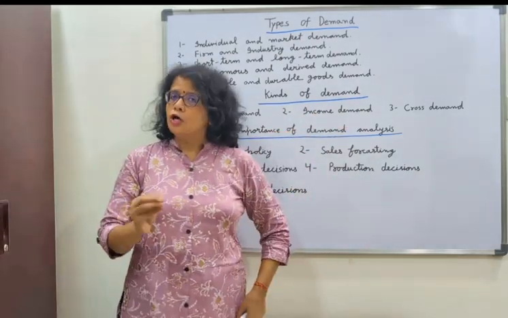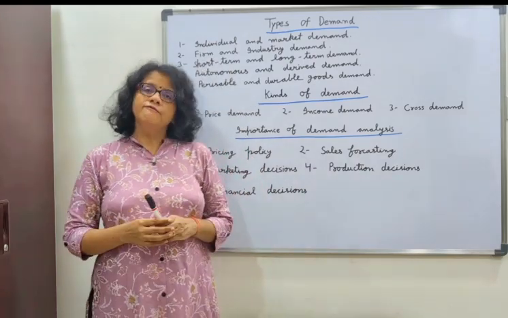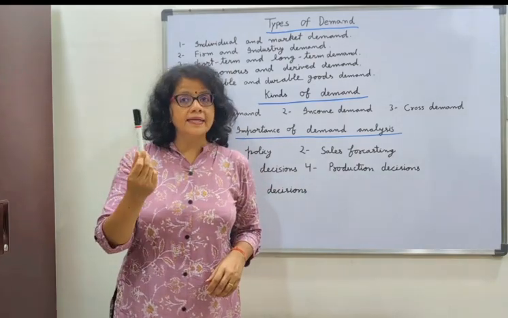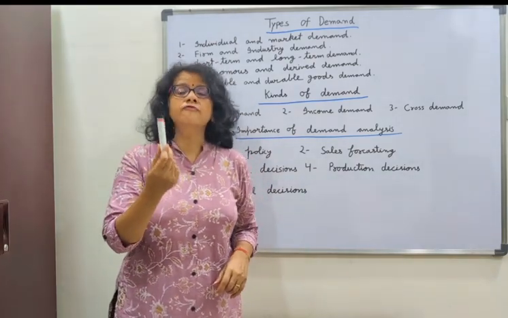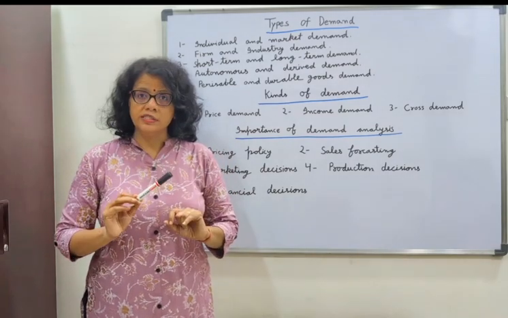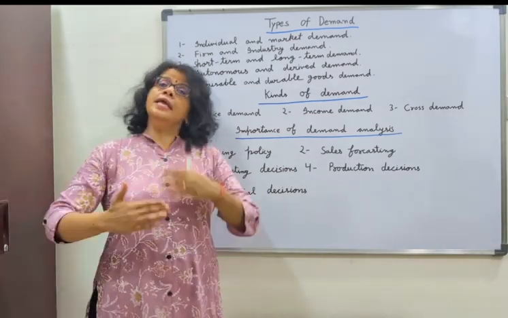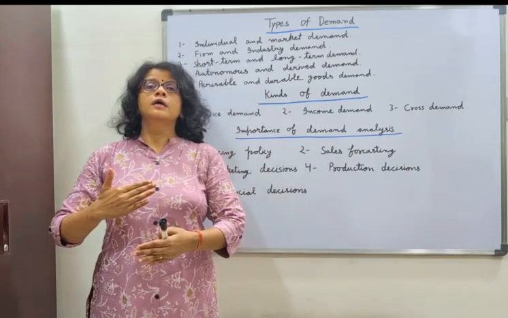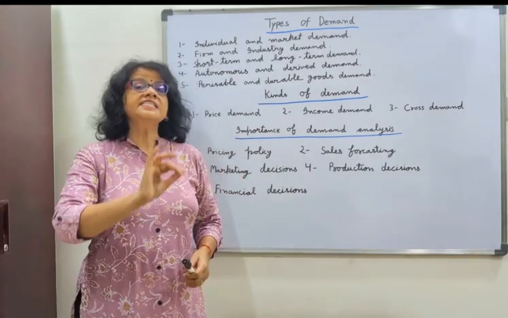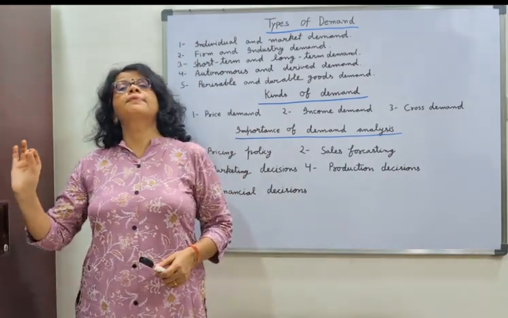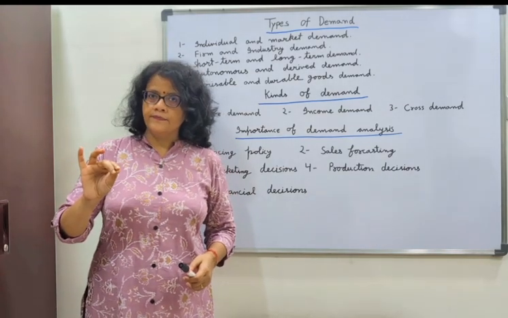Or for complementary goods, when the price of a pen increases, the demand for pens falls. Altogether, the demand for ink will also fall, while there is no change in the price of ink.